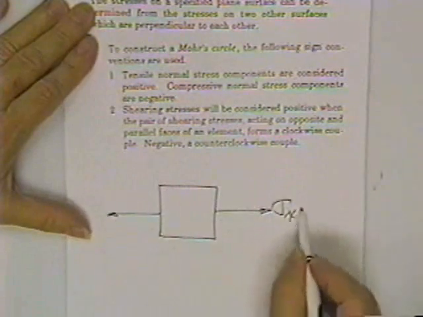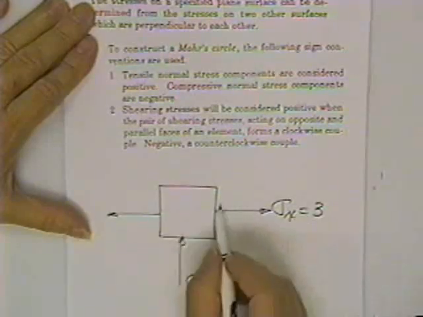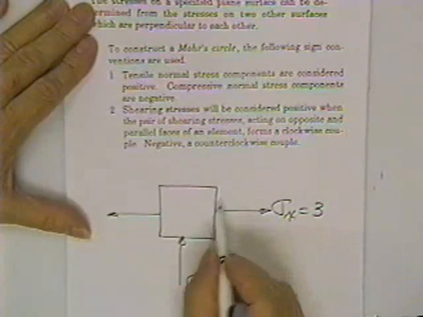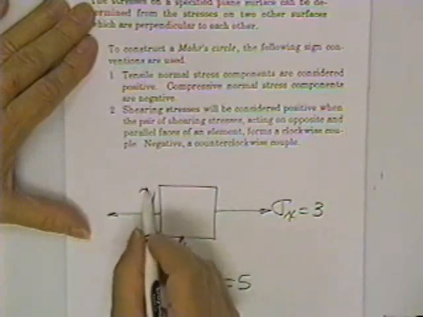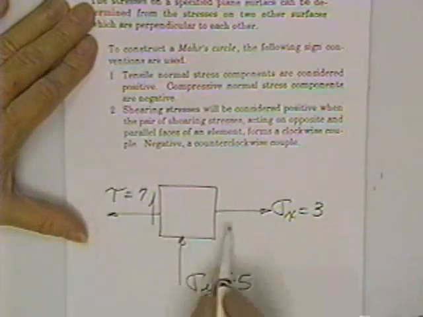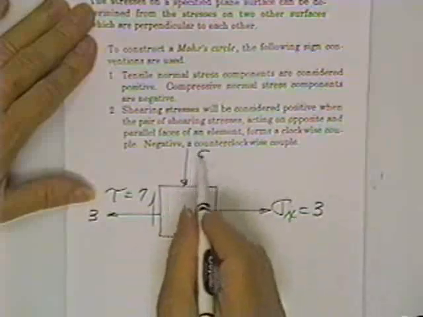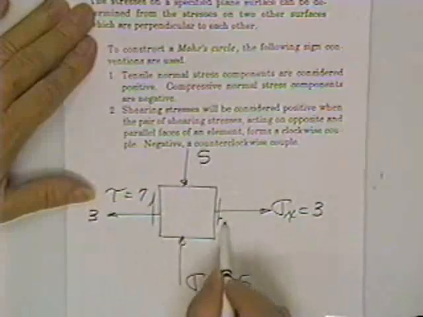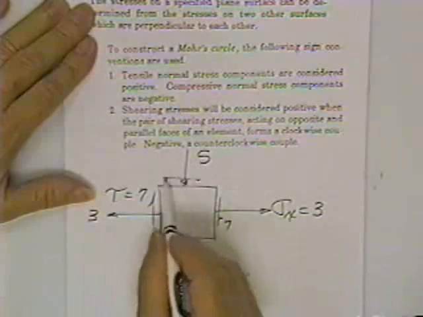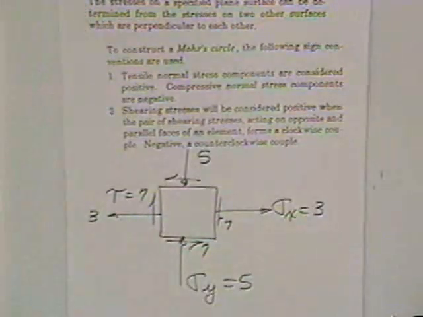Let's just say that the stress in the x direction is 3, the stress in the y direction is 5, and the shear stress is 7. If that's 3, that's 3. If that's 5, that's 5. If that's 7, that's 7. If those go clockwise, these go counterclockwise.